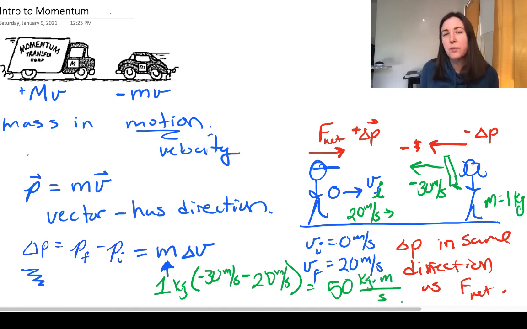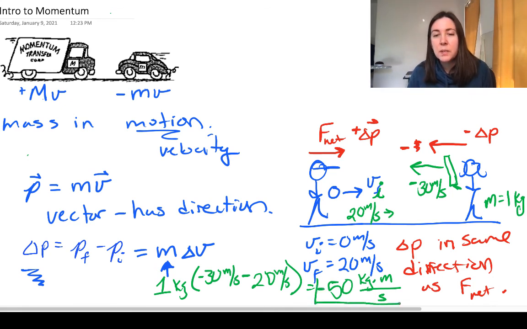This is the unit for momentum, kilograms times meters per second. It's a weird unit. At this point, that's all it is. We can't reduce it like we could turn kilograms times meters per second squared into a Newton. You can't do that with momentum. It's just kilograms times meters per second. It's super weird.